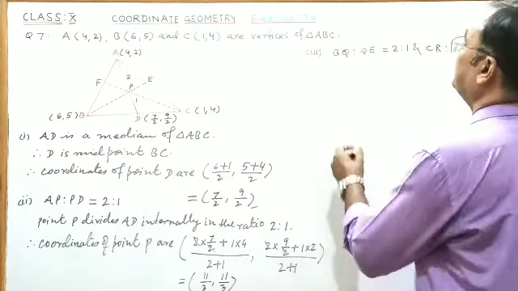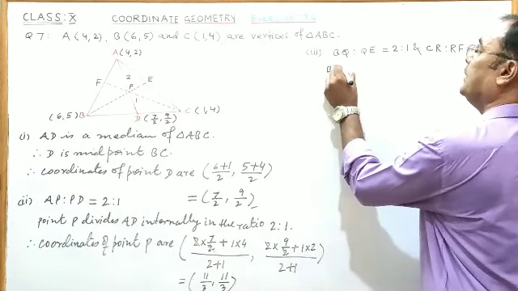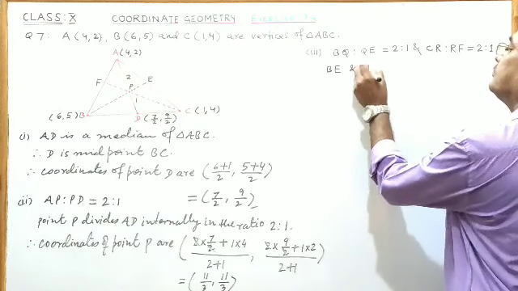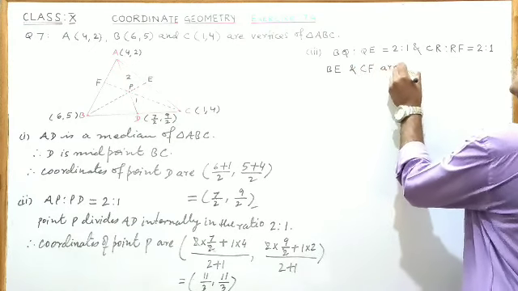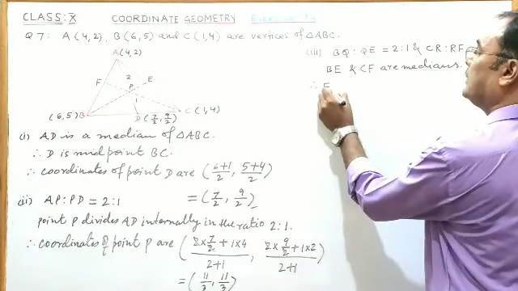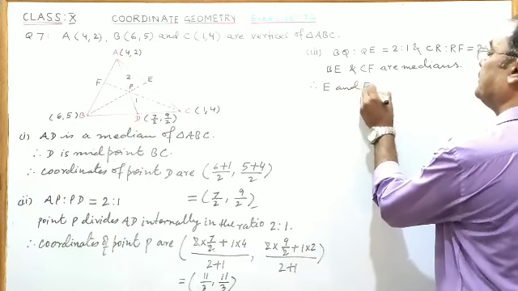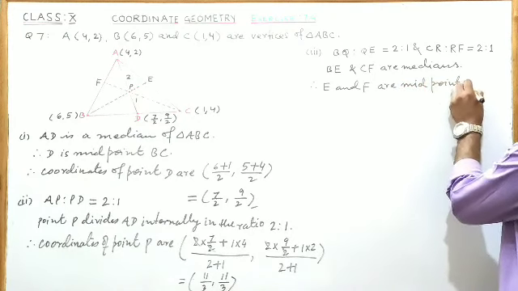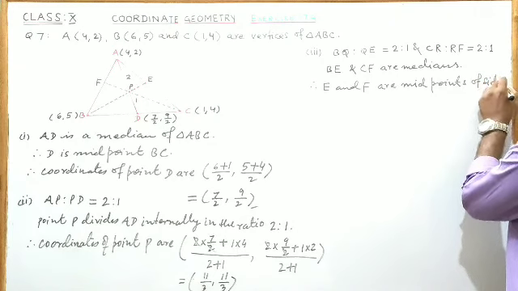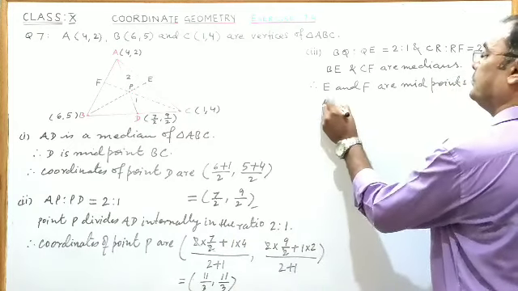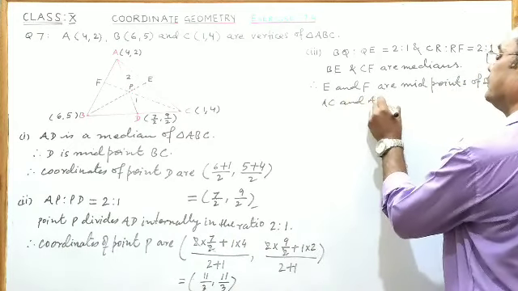So now BE and CF are medians. Therefore, E and F are midpoints of sides AC and AB respectively.